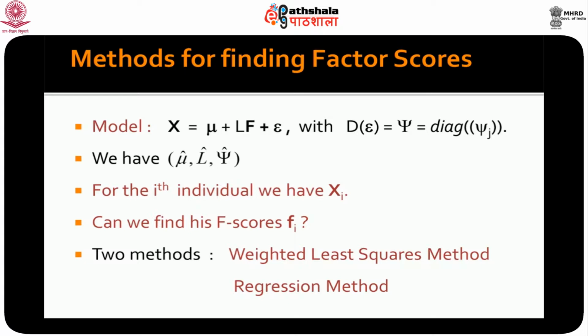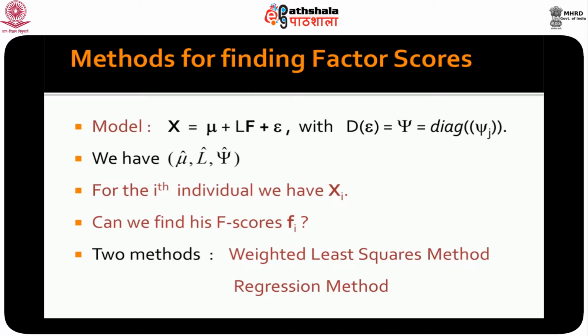It means that we have used sample data of, say, n individuals, and we have built our factor model, which is x = mu + LF + epsilon. And we have estimated the parameters, primarily L, the loadings. So, we have got L hat, and we have also got an estimate for psi, which is basically the variance component. Now, once we have done this, can we in fact give the factor scores of each of the individuals?